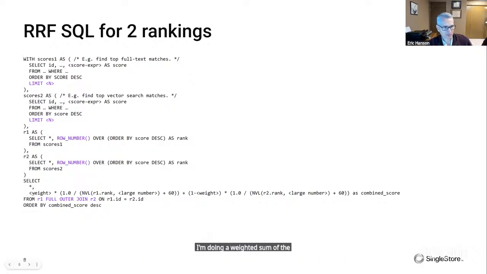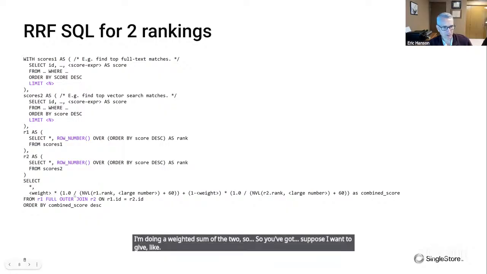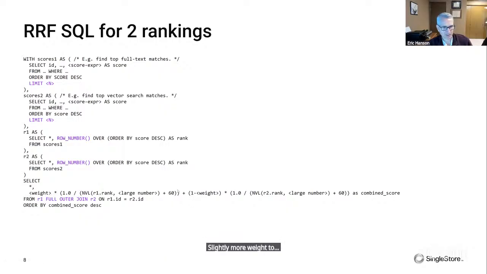Suppose I want to give slightly more weight to the first one than the second one. I could use 0.7 for my weight. And then I've got 1 divided by the rank plus 60. This is the smoothing factor, 60 right here.